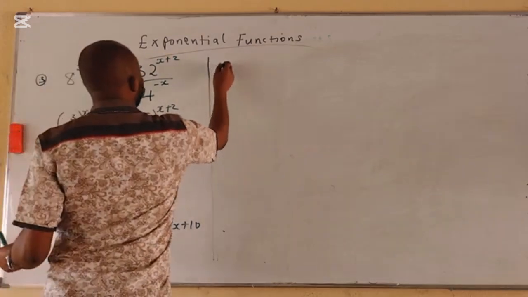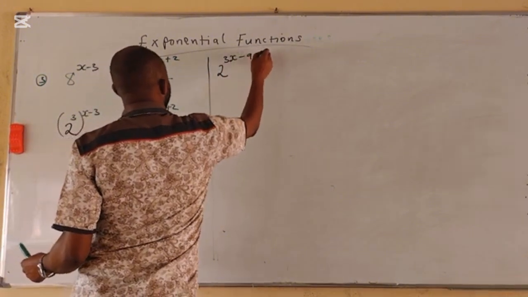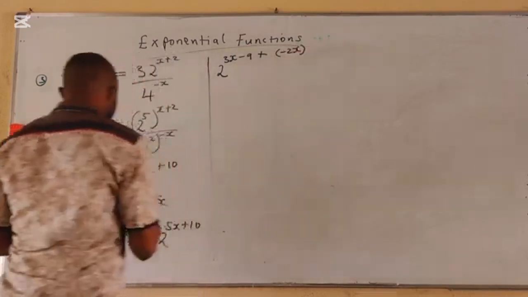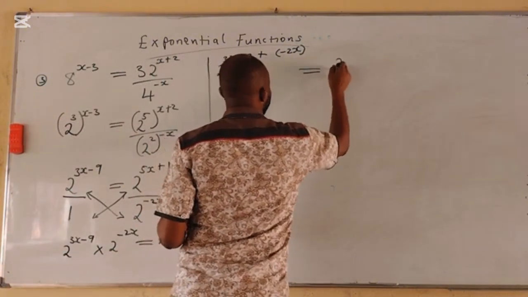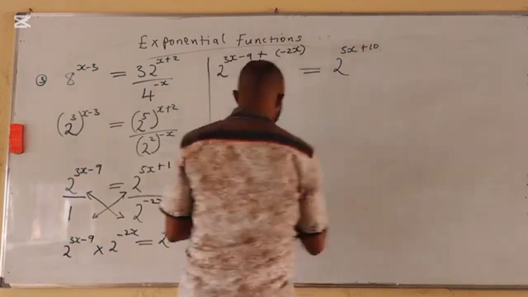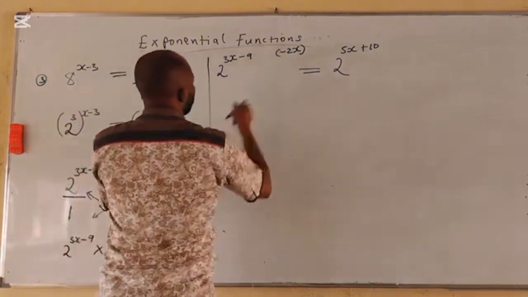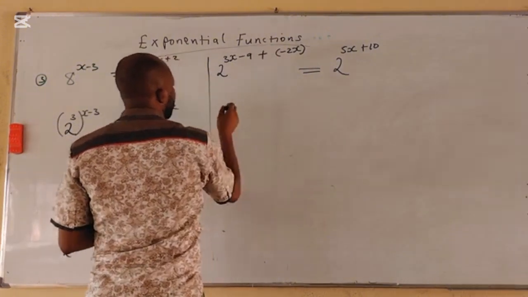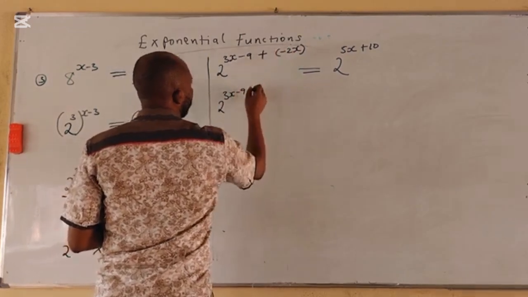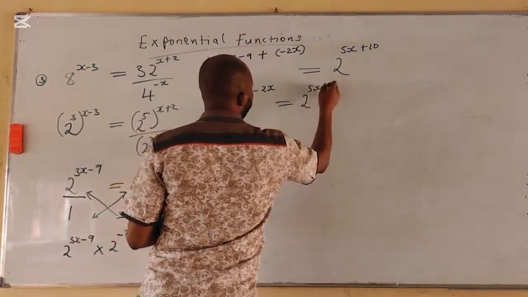So this is 2 raised to the power 3x minus 9 plus minus 2x is equal to 2 raised to the power 5x plus 10.